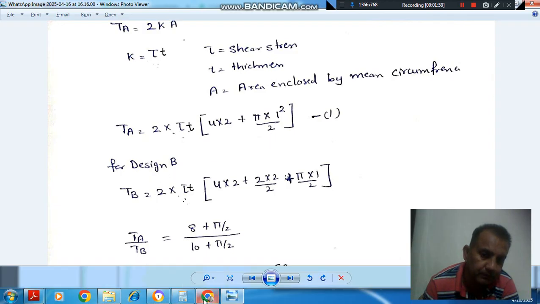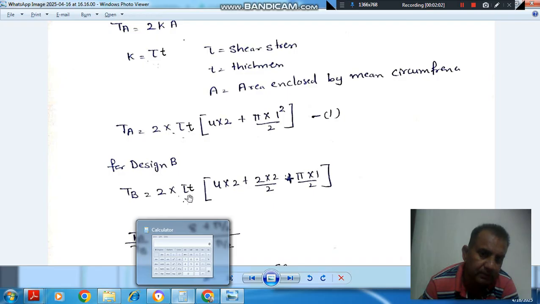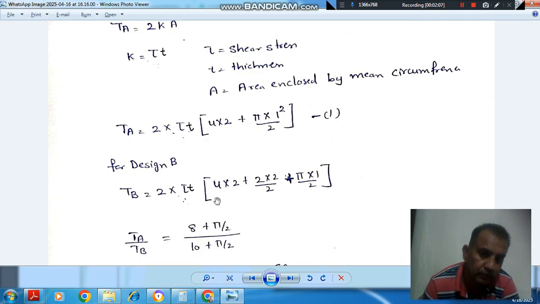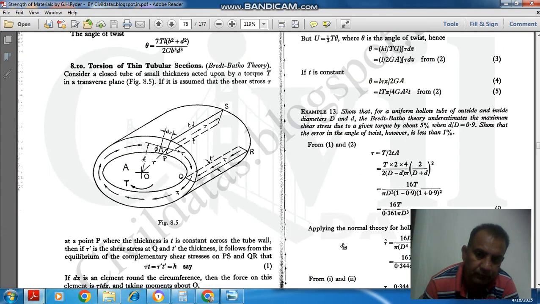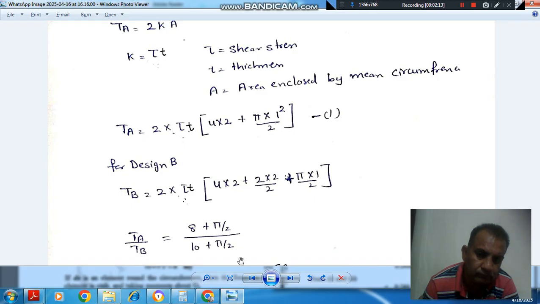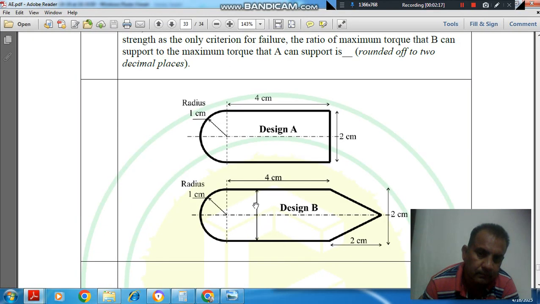Similarly for B, the area will vary, but tau and t will remain the same because the thickness is the same and the maximum shear stress is the same. So the area will be this 4 into 2, plus the area of this triangle, plus the area of this semicircle.